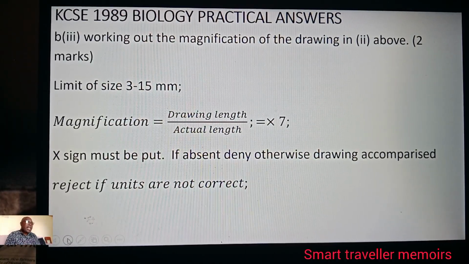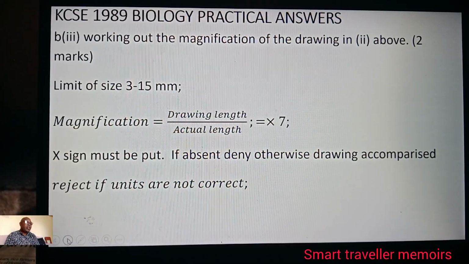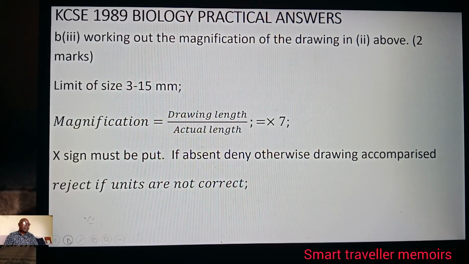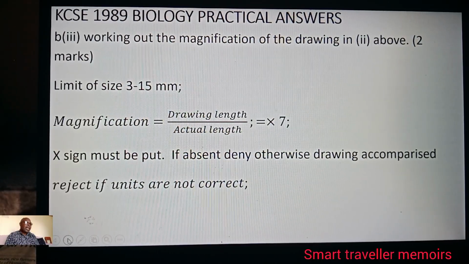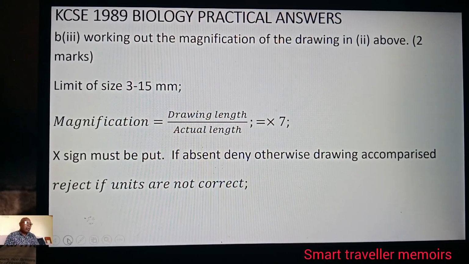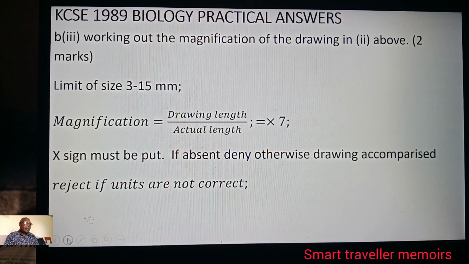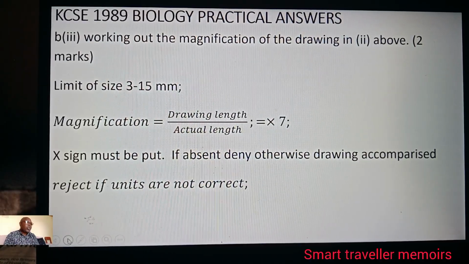So the limit of the size expected by the council was 3 to 15 millimeters, and therefore magnification was drawing length of the wing over actual length. So the maximum magnification was times 7.